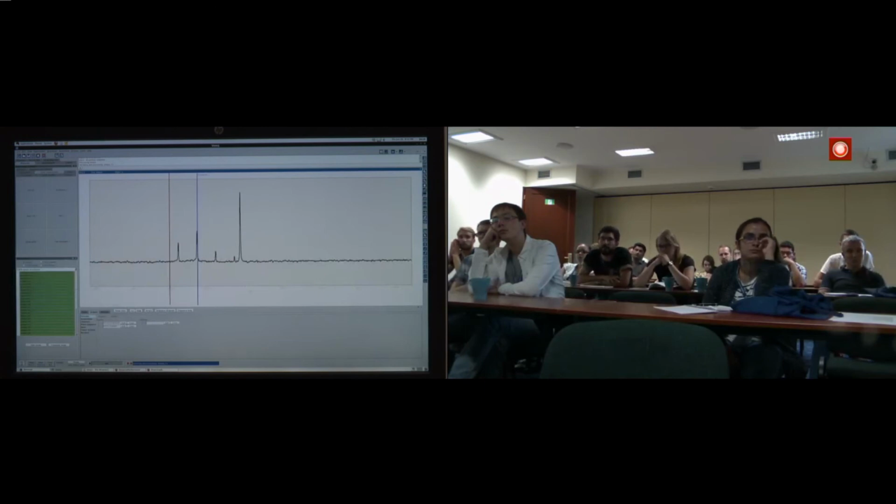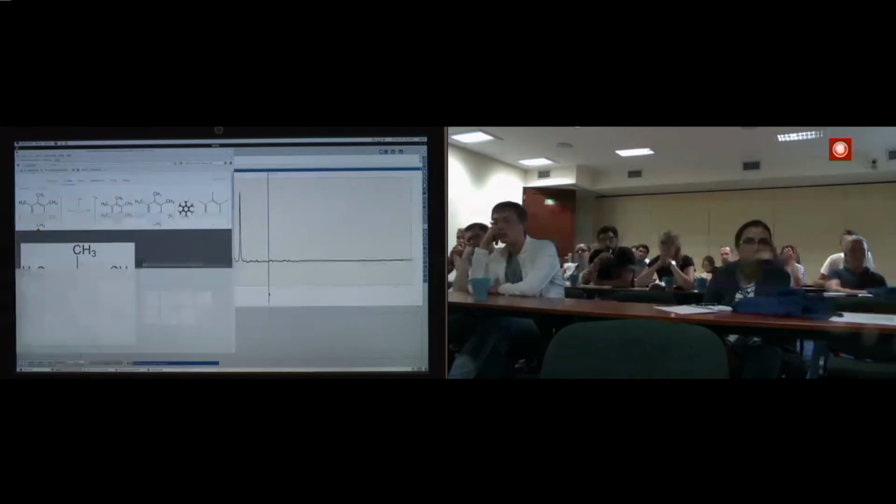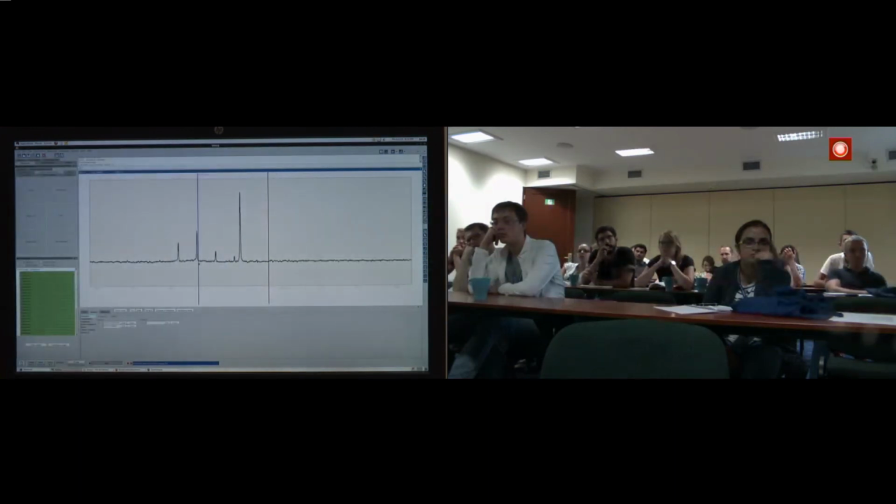So this one represents the line which we would expect having in, let's say, solution NMR. It might be very close to that position. When we would, for example, have a solution of that molecule, then we would observe a very sharp line somewhere in that range of frequencies.